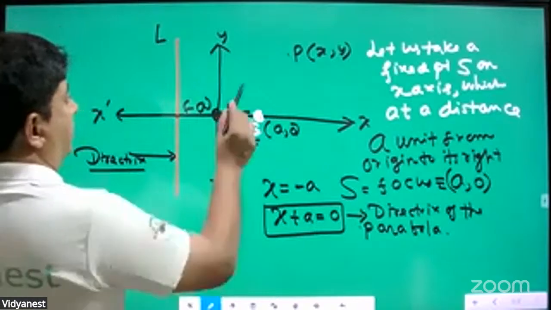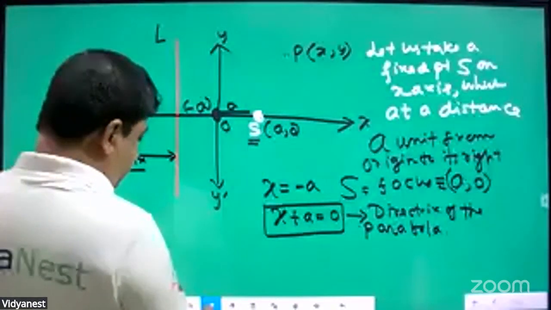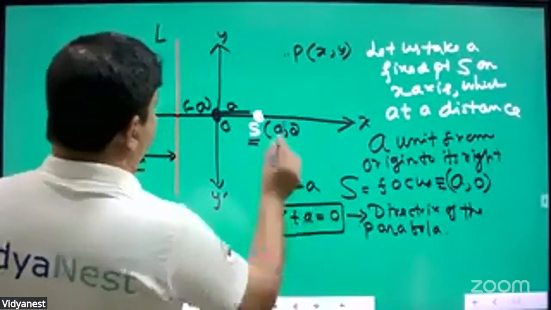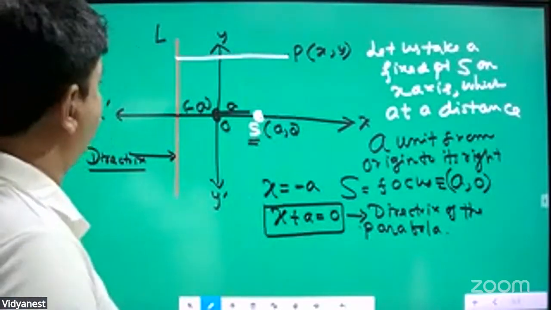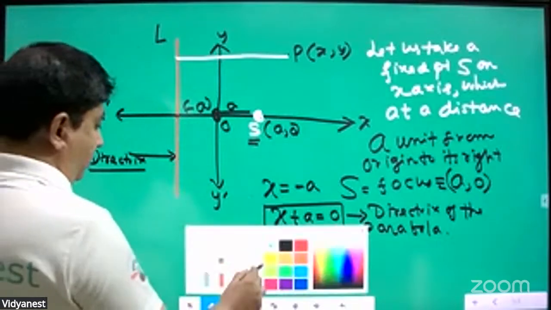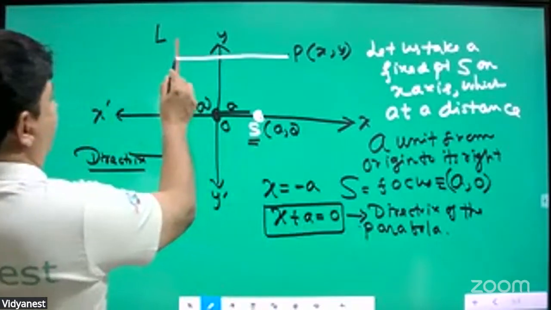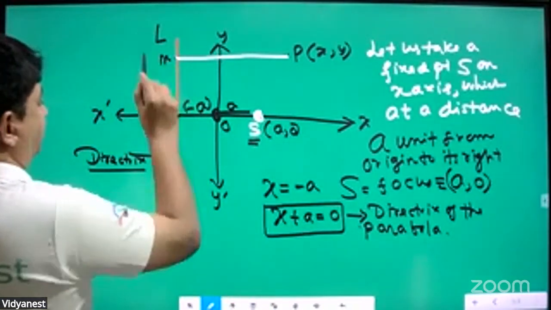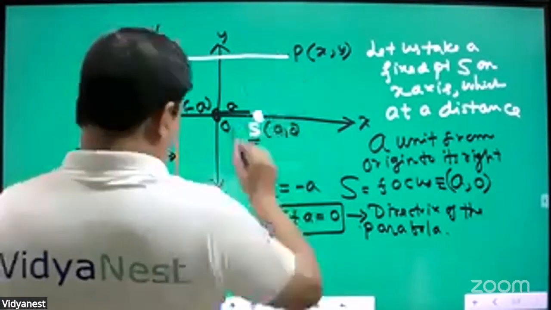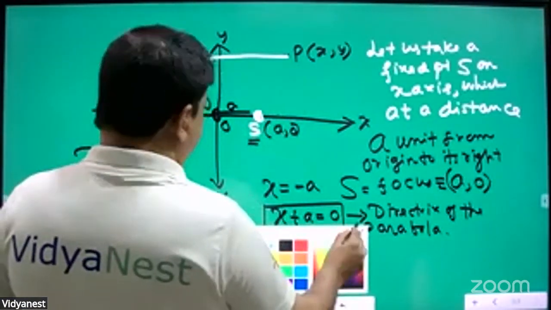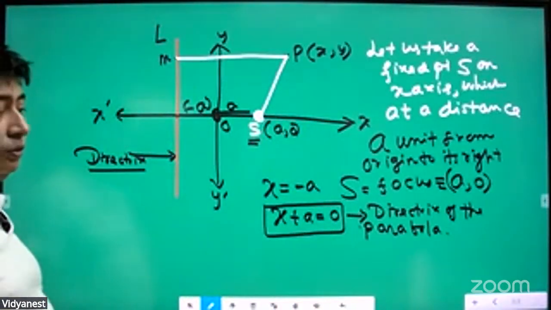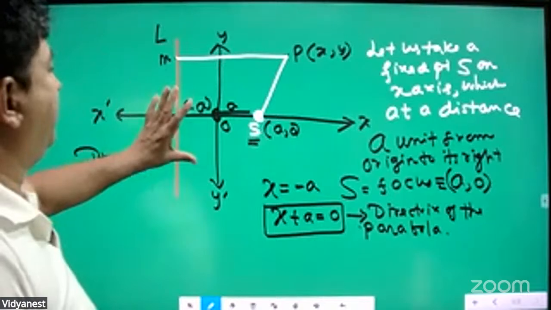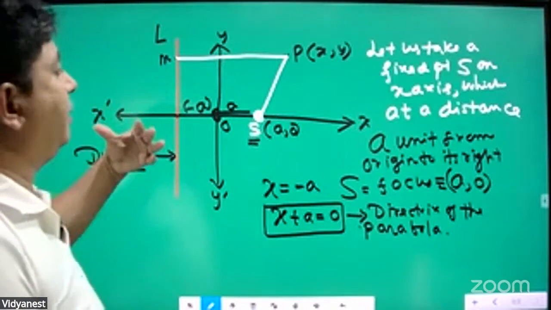So from that point, we are dropping one perpendicular, and at which point they meet L? At M. And let us join this. So that PS is equal to PM relation is being built up.